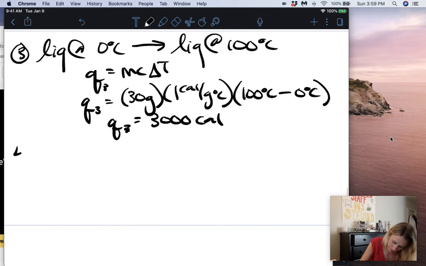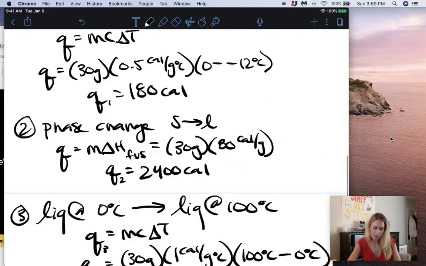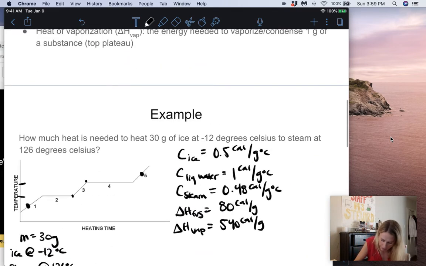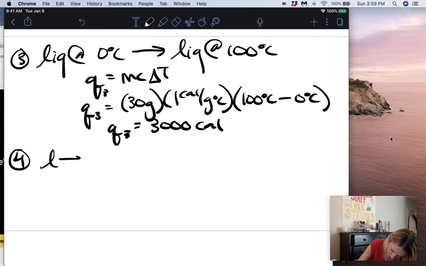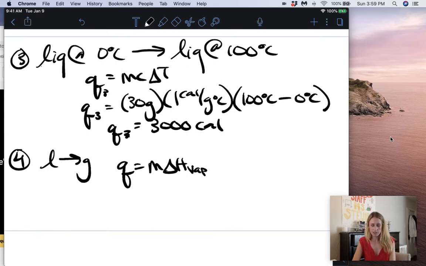All right, moving right along to number 4. Number 4 now will be our phase change from liquid to gas. We know that because we're going from liquid to gas, we're going to use the delta H of vaporization. And again, because we're at a constant temperature, we can't use MC delta T, so we have to use Q equals M delta H, and that's delta H of vaporization.